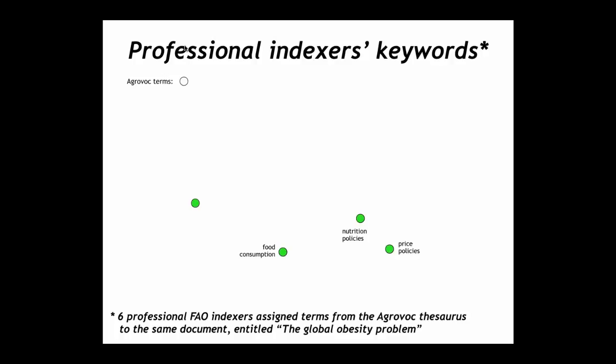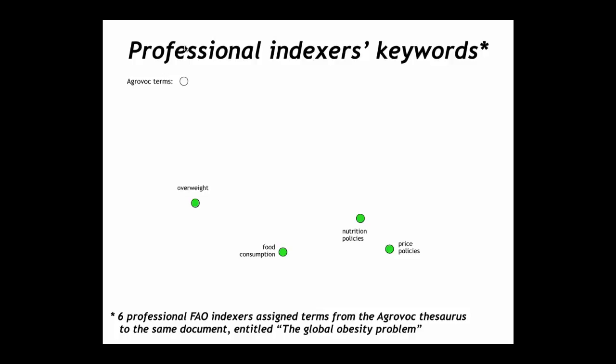This is a well-known phenomenon in the library world. And here's an example from a study that was done. This is about a document titled the Global Obesity Problem, and 6 professional indexers from the United Nations Food and Agricultural Organization were asked to assign tags from the Agrovoc thesaurus.